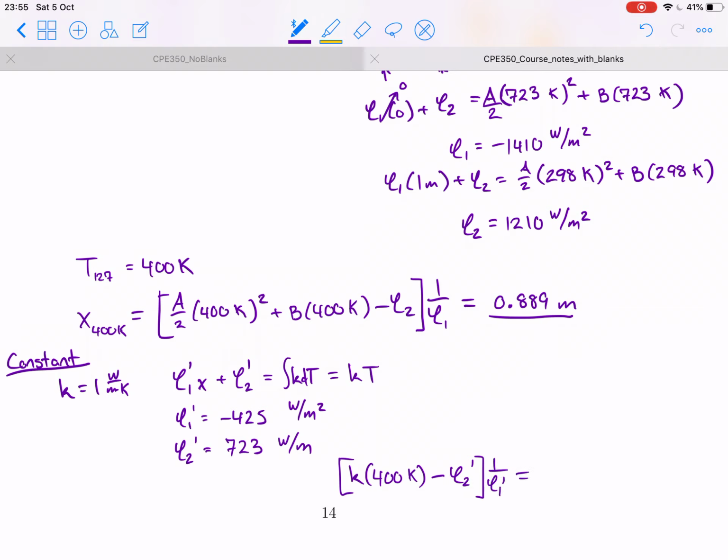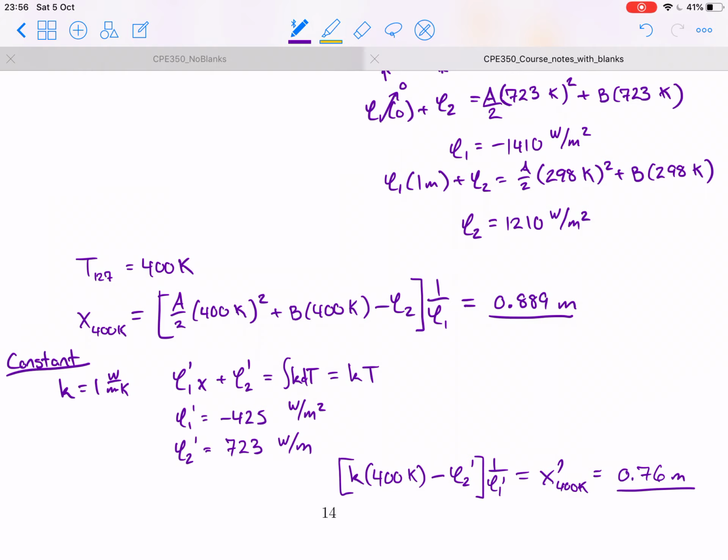And this will give us the value of x 400K prime. And that prime means that we're making the assumption that K is constant. And that value, that spatial position, is 0.76 meters.